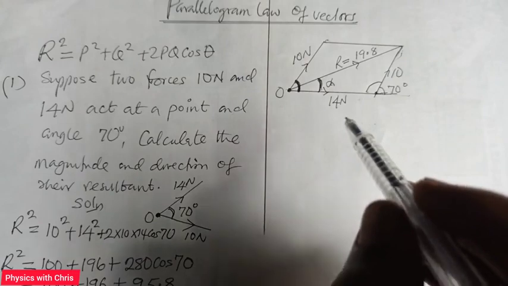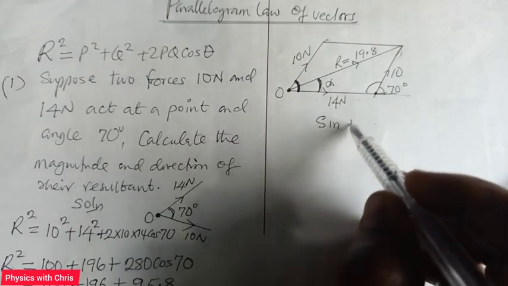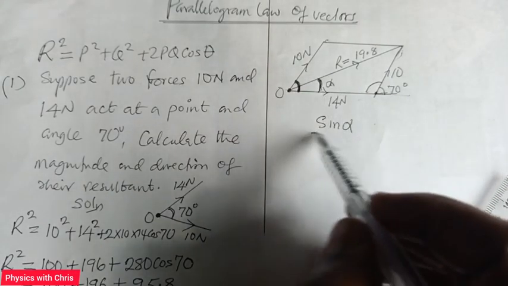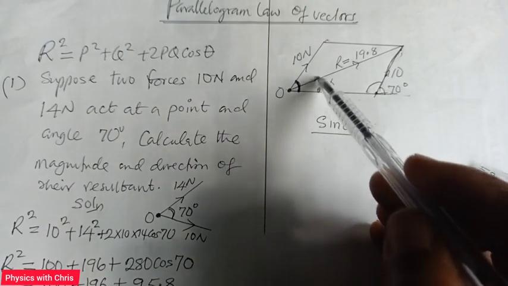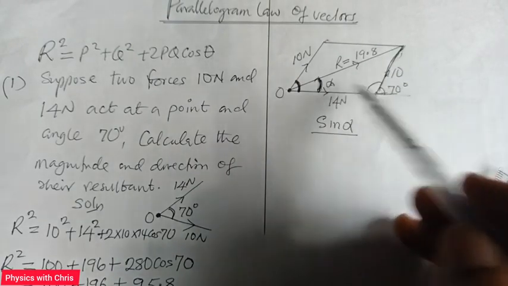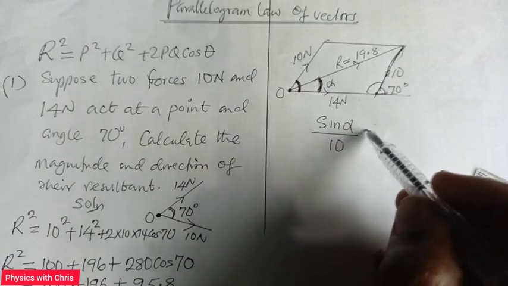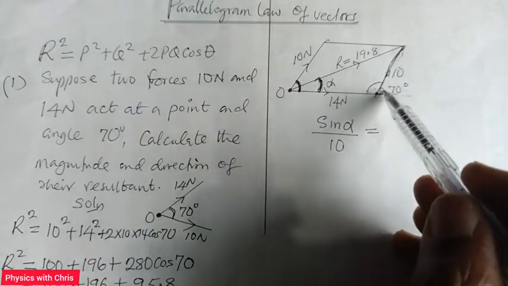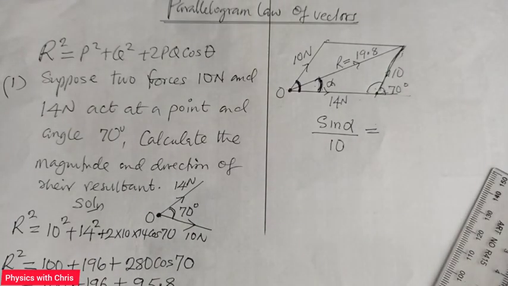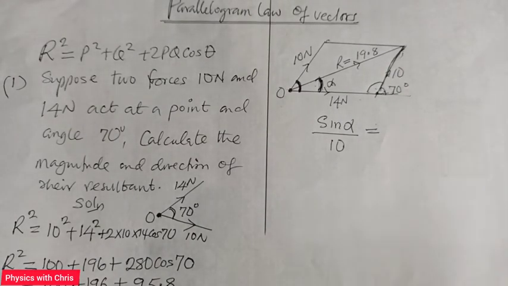So quickly, sine alpha, which I'm looking for, over the side that is opposite the angle alpha, this side, which is 10, equals sine of the other angle. Since this is 70, and these two angles are on a straight line, recall the straight line geometry that the sum of angles on a straight line equals 180.